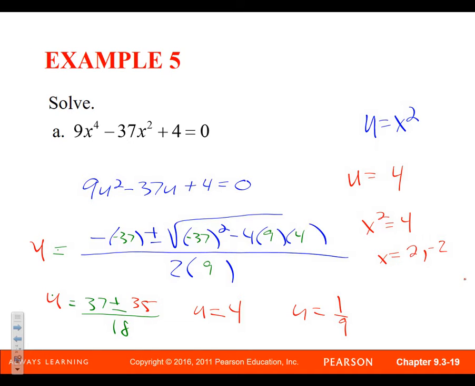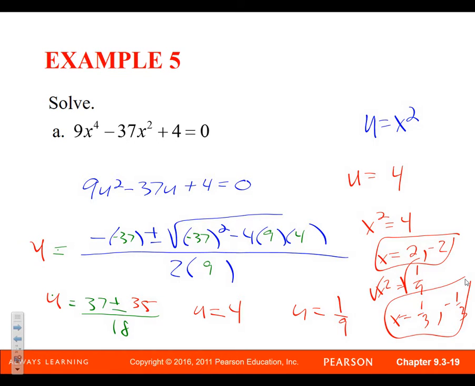And then when I plug it in here, x squared is equal to 1/9. So as I take the square root of both sides, x is equal to 1/3 and negative 1/3. So there's actually 4 answers here, which is the maximum allotted by my exponent. But I've got them all now. So it keeps it cleaner that way instead of having to do the not fun method.